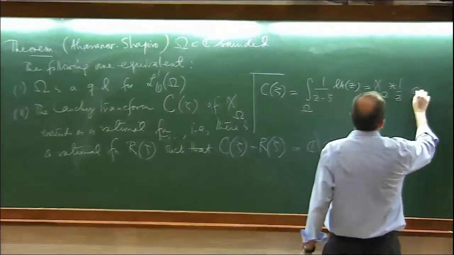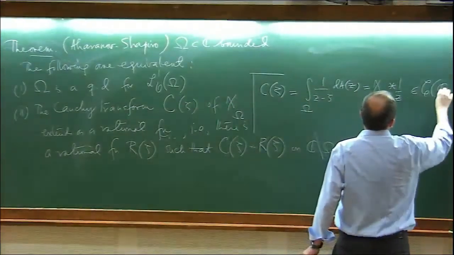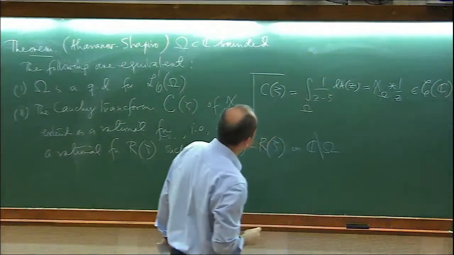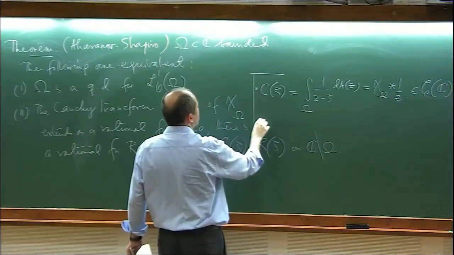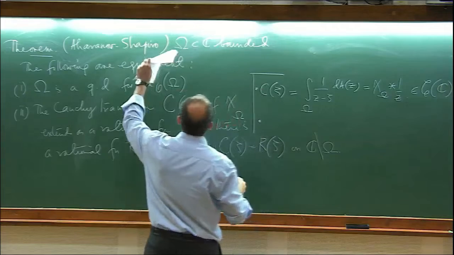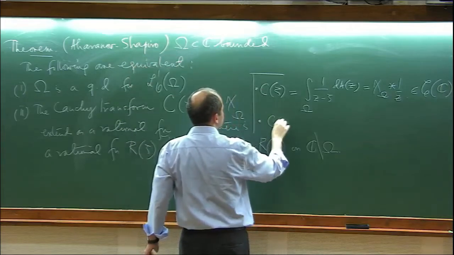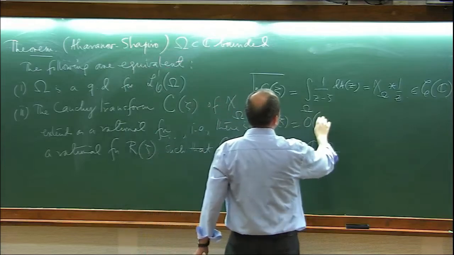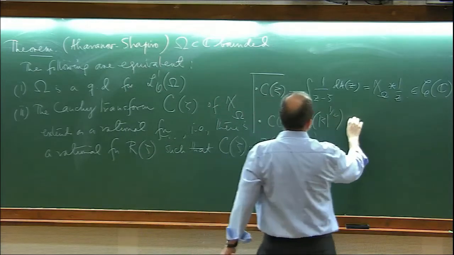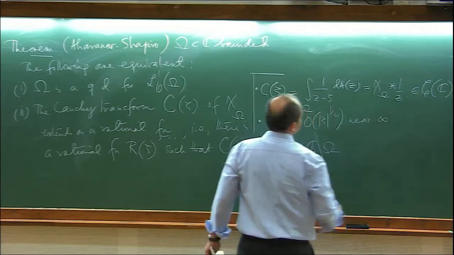So we had identified a number of properties. This is continuous everywhere. And I also wrote down an estimate. C of zeta is big O of 1 over zeta near infinity.